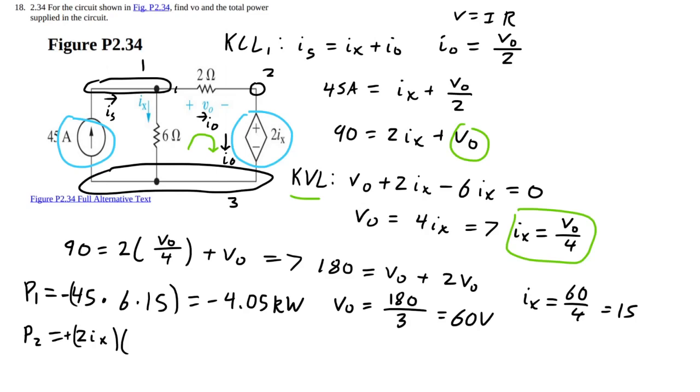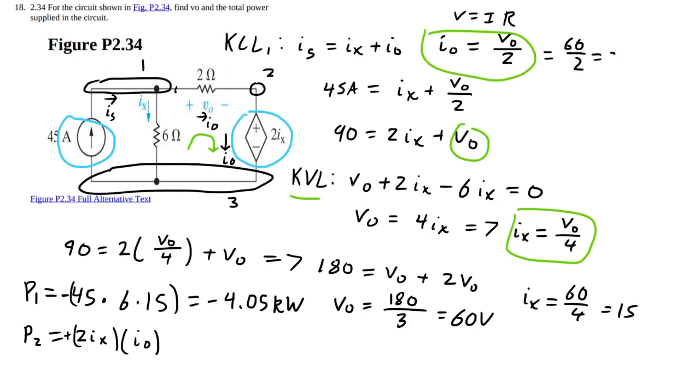And we're also going to have IO. So we know IO is going to be V out over 2.